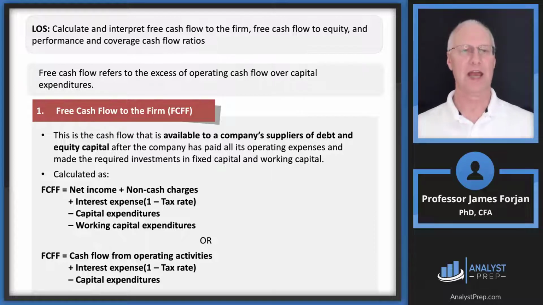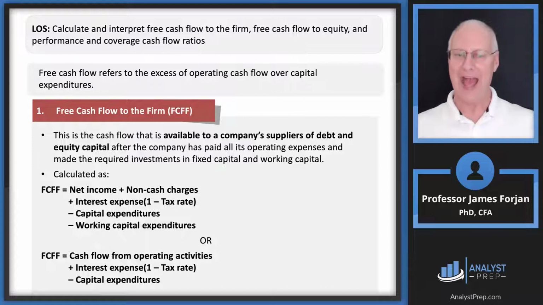All right, so let's look at the equation, because look up at the LOS. This is great news for those of you who love calculations: there's a calculate free cash flow to the firm. What we're going to do is start with net income. We're going to add those non-cash charges like depreciation and depletion.